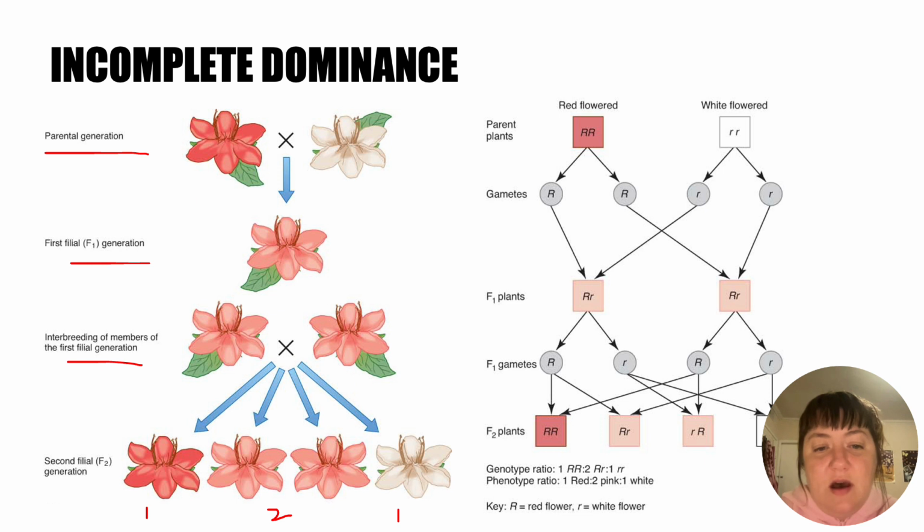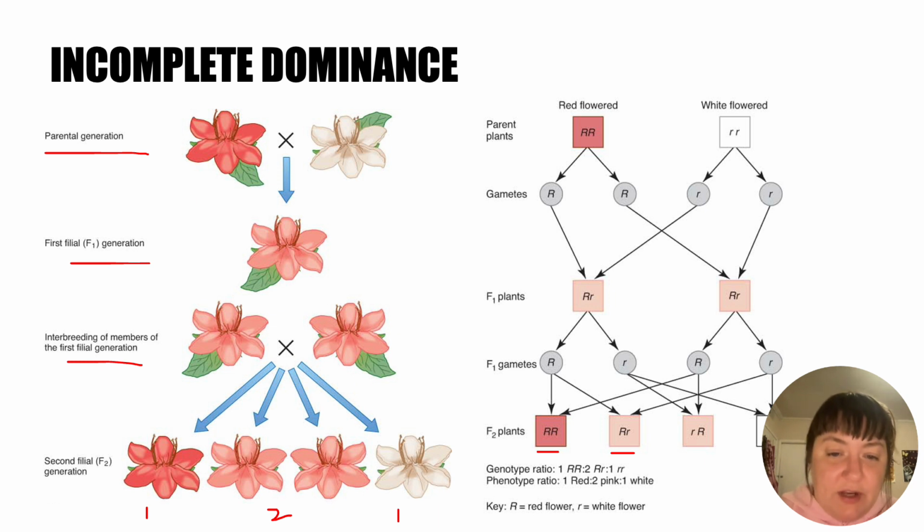So this is explained by the genotypes. The red plants are going to have 2 of the dominant allele, big R. The pink plants are heterozygous, so they have 1 big R, 1 little r. And usually with these Punnett squares and other things, the capital letter is the dominant trait, although in this case it's incompletely dominant, and then the lowercase letters are the recessive trait.